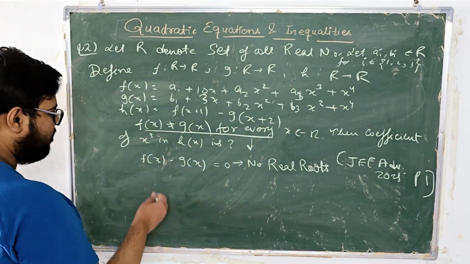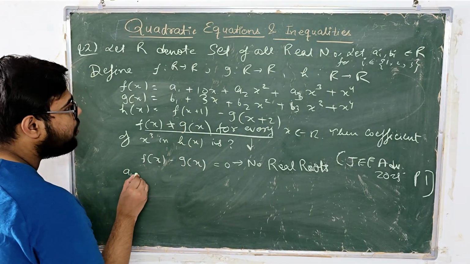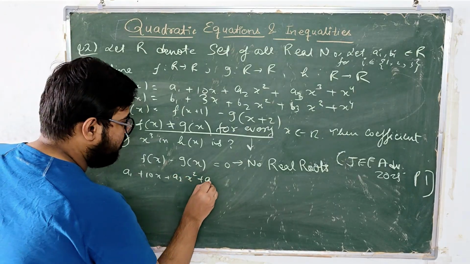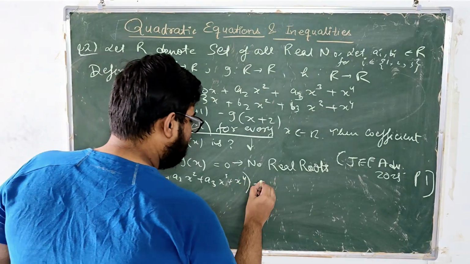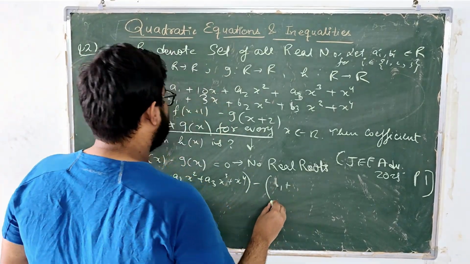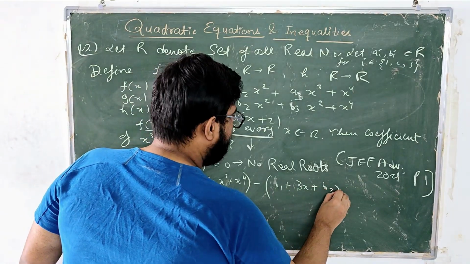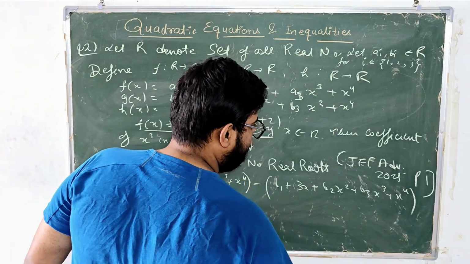But here we are given that for every x, it means that there exists no such x, right? So from here, if we substitute f(x), so f(x) is a1 plus 10x plus a2 x square plus a3 x cube plus x raised to the power 4 minus b1 plus 3x plus b2 x square plus b3 x cube plus x raised to the power 4.